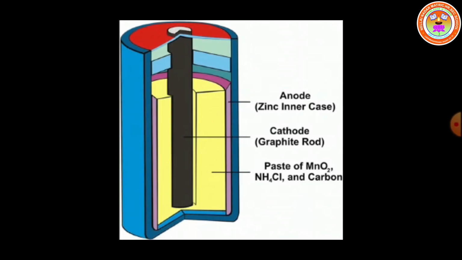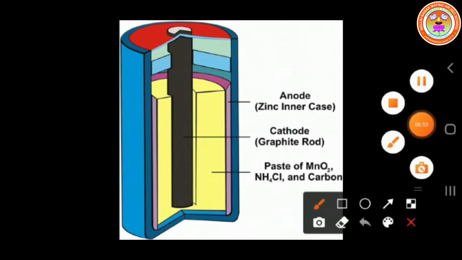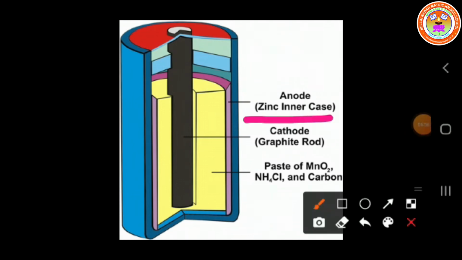The vessel contains a moist paste of sawdust saturated with a solution of ammonium chloride. So here you can see the anode, zinc, which acts as an electrode. And here ammonium chloride, symbol NH4Cl, students, ammonium chloride.